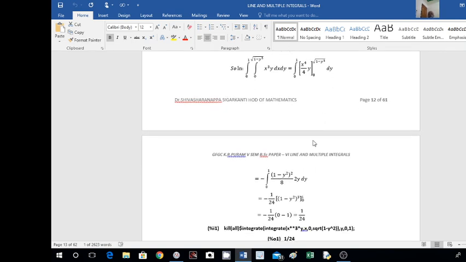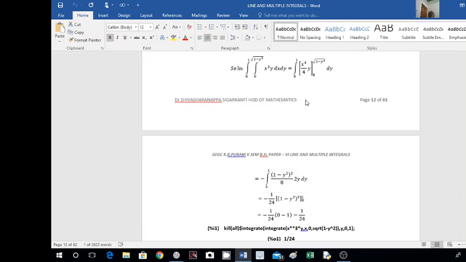What I have written here, 1 minus y square by 4 into y.